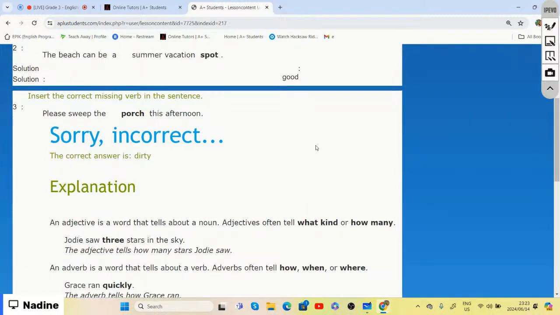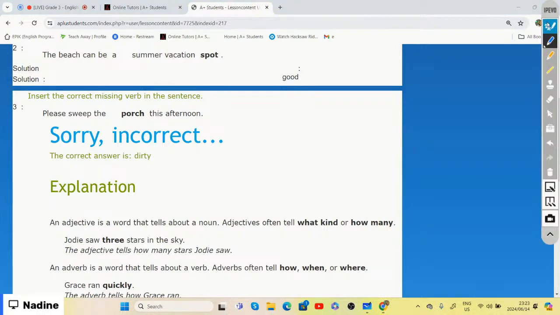It says, please sweep the porch this afternoon. But now, if we were to add an adjective, we can say, please sweep the dirty porch this afternoon. Because it means that the porch is dirty, it needs to be cleaned, it needs to be washed up.